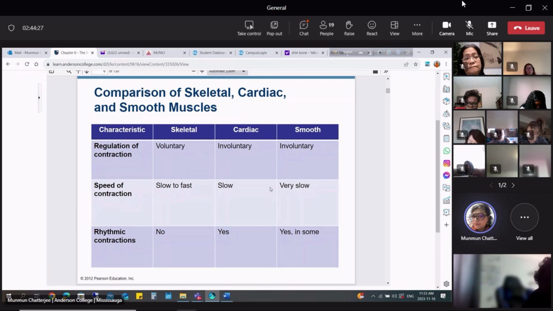But cardiac muscle is always working non-stop, so it has a rhythmic pattern of contraction and relaxation. Smooth muscle is not always rhythmic, but some of them, like the stomach and other places, have their own rhythmic patterns. But there are some places where they have no activity for contraction and relaxation until an emergency comes.